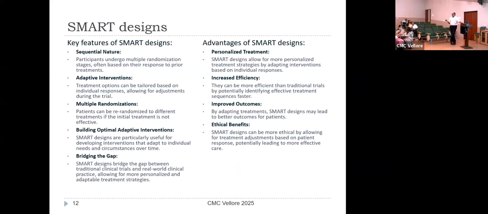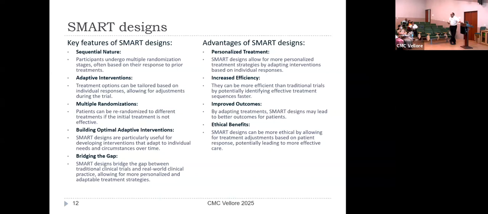Folks like to do this because this is how physicians actually treat patients. Patient comes to you with a problem, you give them this regimen to follow. If they're not doing well, you give them this other one. And if they're not doing well, you're doing another one. So this is going and doing different things. And what is the re-randomization?